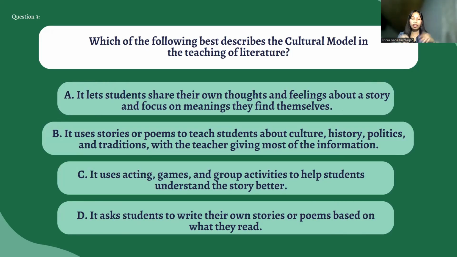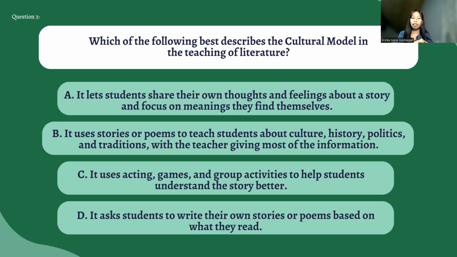Okay? Next, we have question number 3. Which of the following best describes the cultural model in the teaching of literature? A. It lets students share their own thoughts and feelings about a story and focus on meanings they find themselves. B. It uses stories or poems to teach students about culture, history, politics, and traditions, with the teacher giving most of the information.